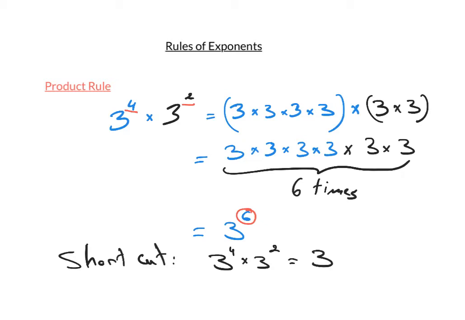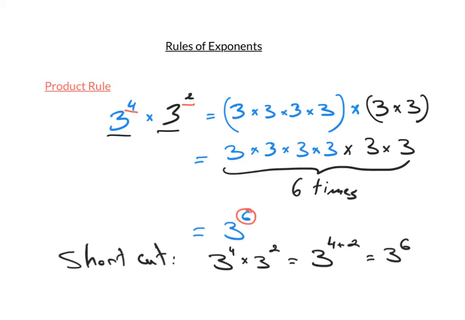We're going to leave the base, which is 3, and we're going to add the exponents, which is 4 plus 2, and that will give me 3 to the 6th power. So in general, when multiplying like bases, like we have 3 are the same base, we're going to keep the base and we add the exponents.